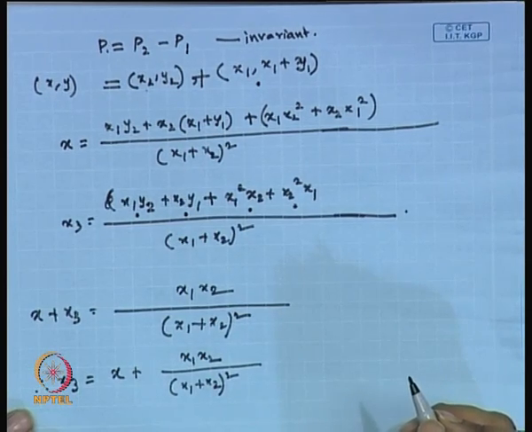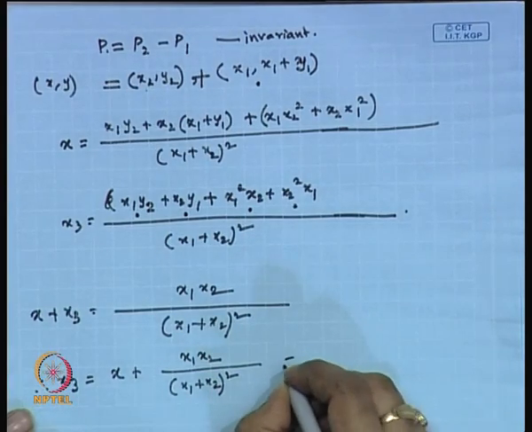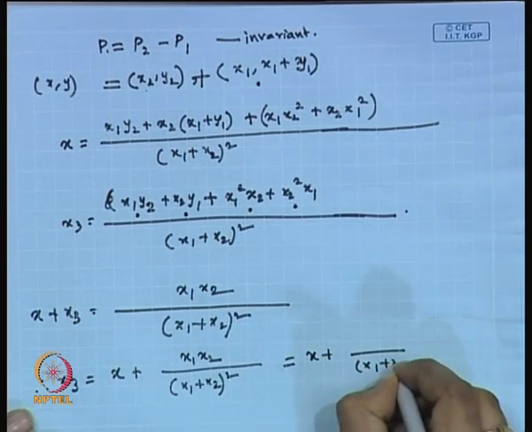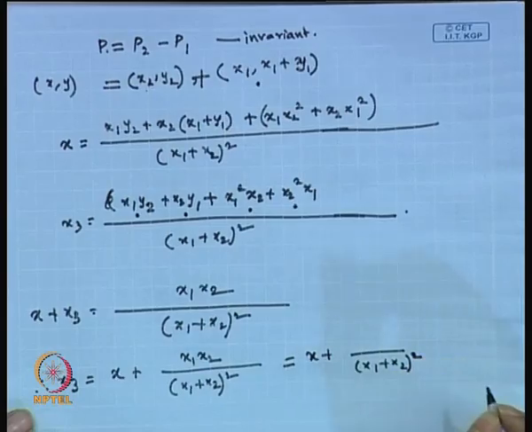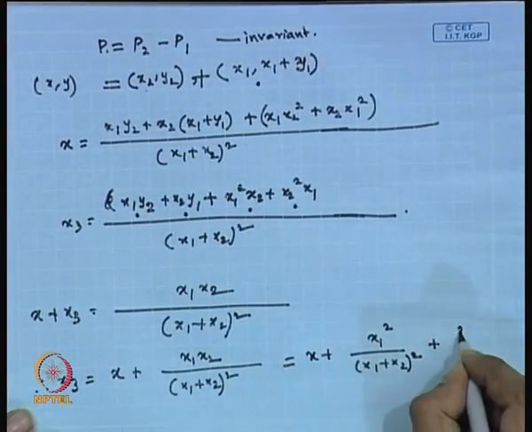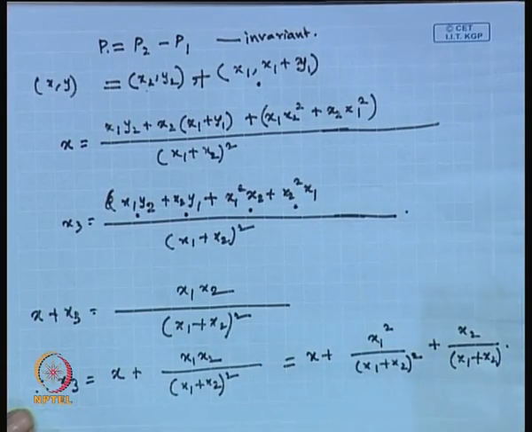Therefore, the other way of writing this in an equivalent fashion is x plus (x1 + x2)^2 times (x1^2 + x2) divided by (x1 + x2). This is simple.